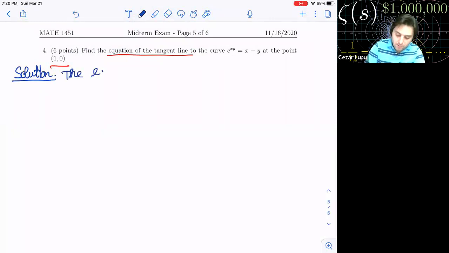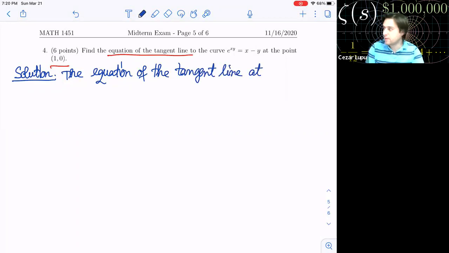The equation of the tangent line at the point of coordinates, let's say x1, y1, is given by what?